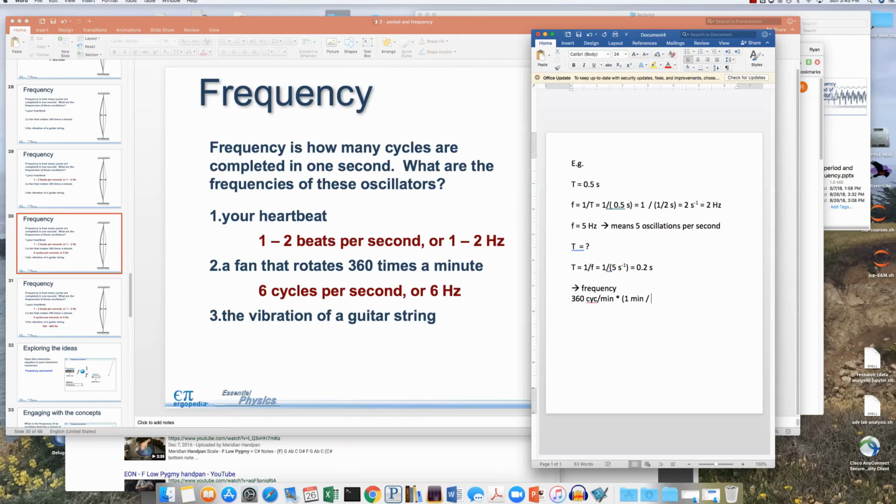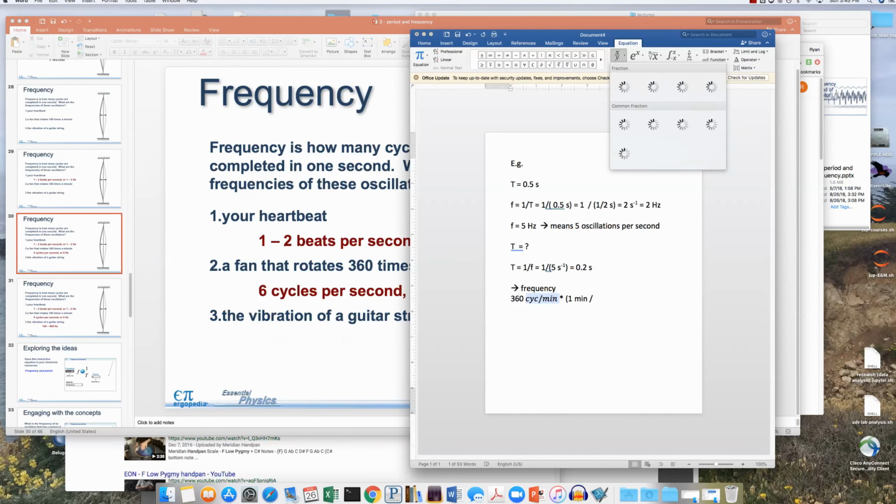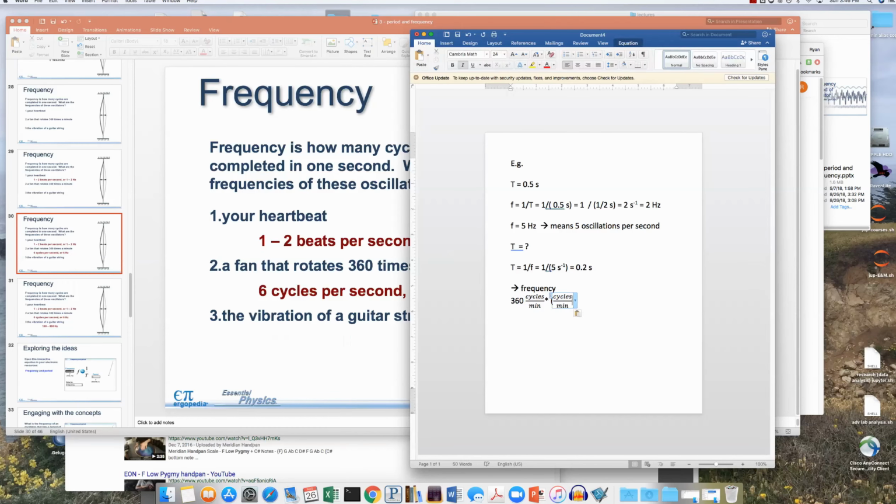I wanted to make it so you can really see it as a fraction. So let's do 360 cycles per minute. Okay, good. And I'd like to multiply that by 60 seconds in 1 minute.